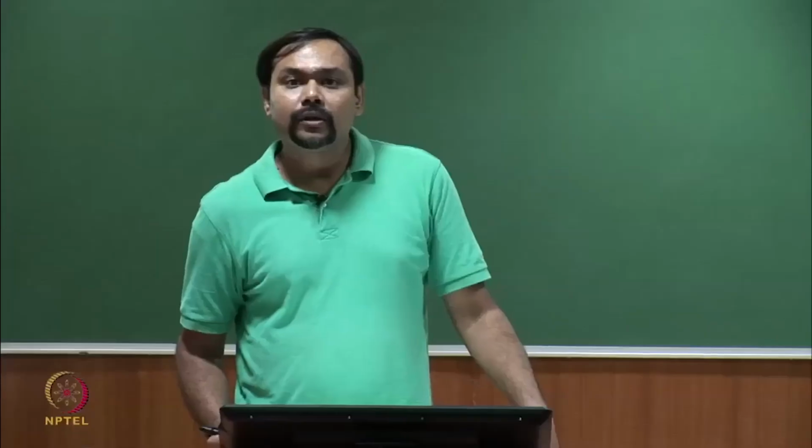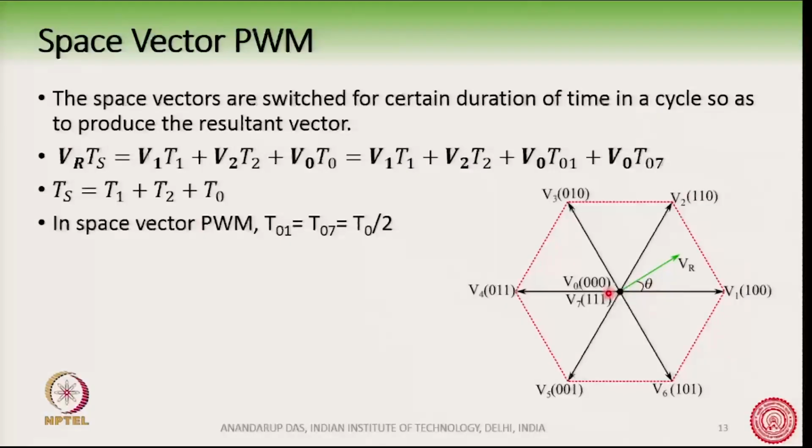Now, one more point to observe is that in this particular case we have taken these three vectors V0 or V7, V1, V2 to realize the vector Vr.